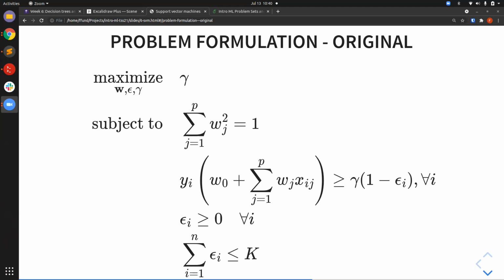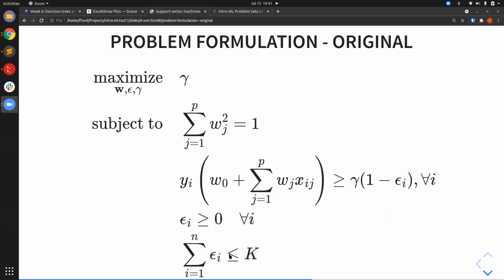So this was our original problem formulation for the support vector classifier. We want to maximize the margin subject to some constraints, where this constraint says that every point should be on the correct side of the hyperplane, except for some points where epsilon is non-zero.